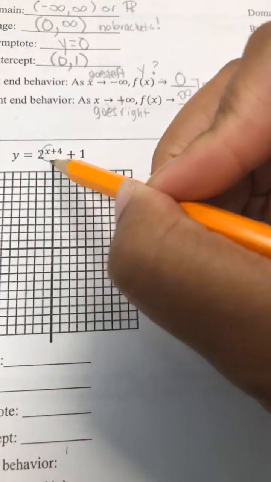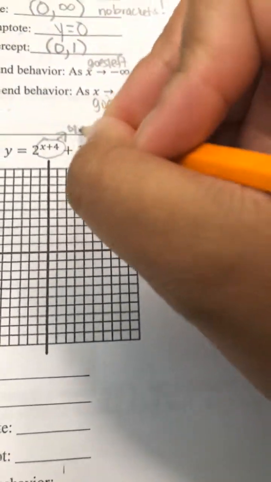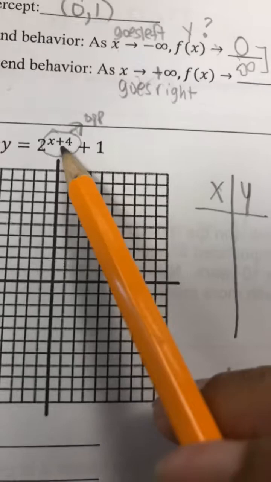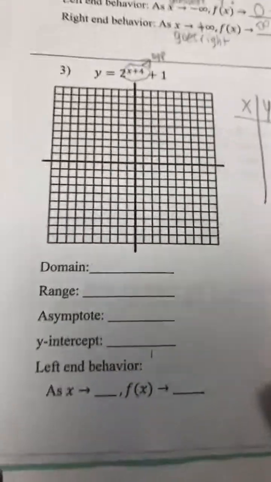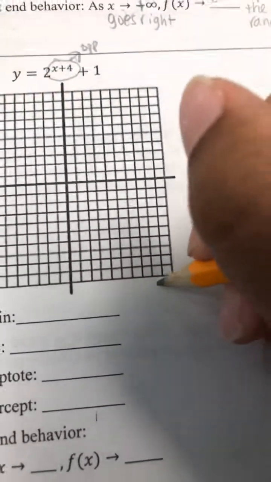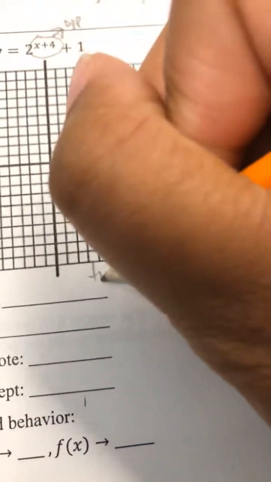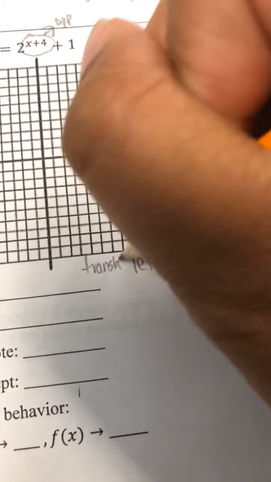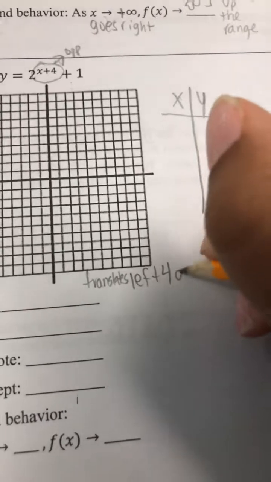So x plus 4, we're still going to do the opposite. Remember, anything next to x is always the opposite. So instead of actually going to the right 4, with this graph, we're going left 4. And then this here means that we are going up 1.